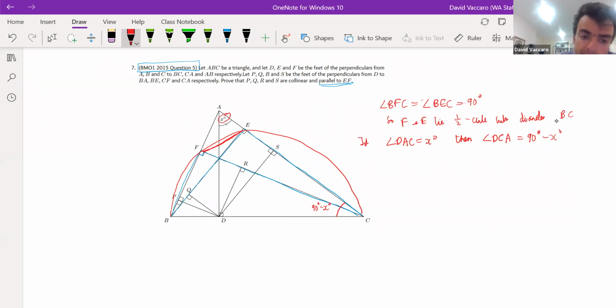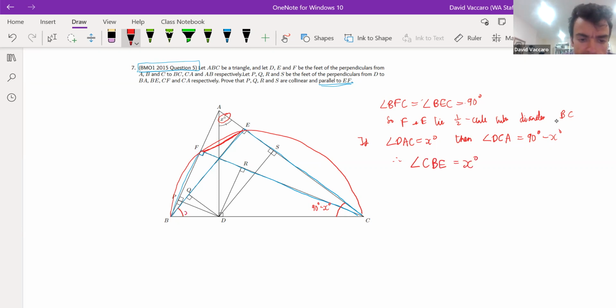And because BEC is 90 degrees, I'm just doing angle chasing here, so the angle CBE is equal to X degrees.